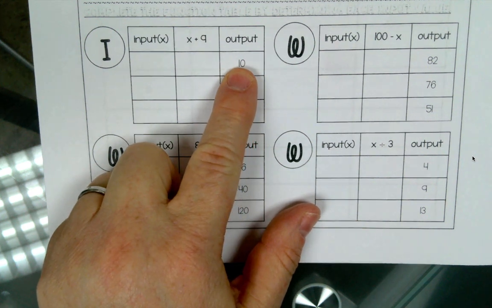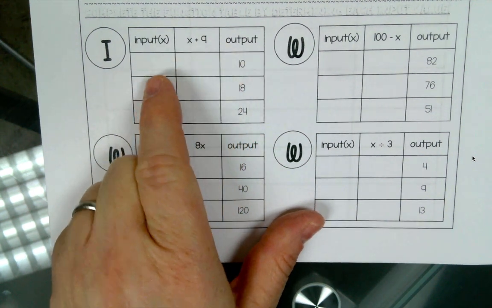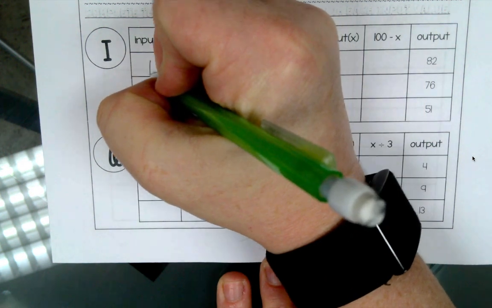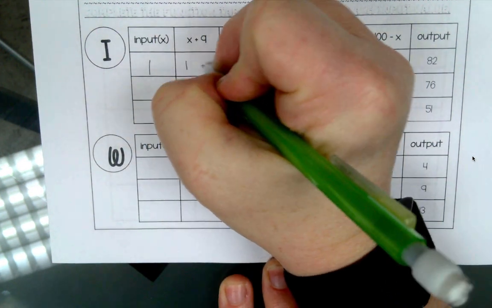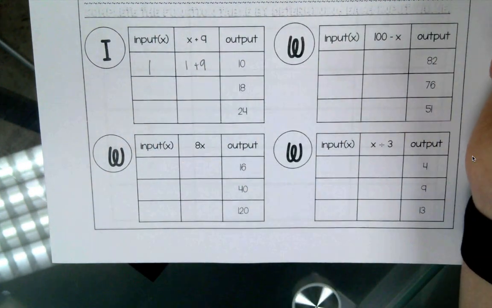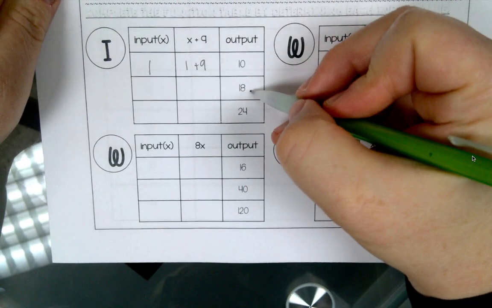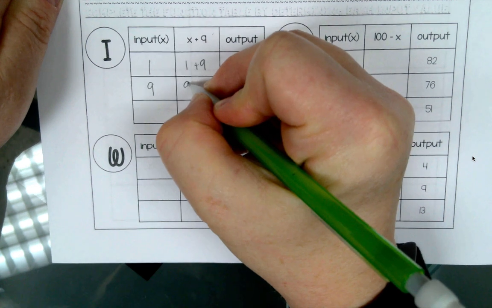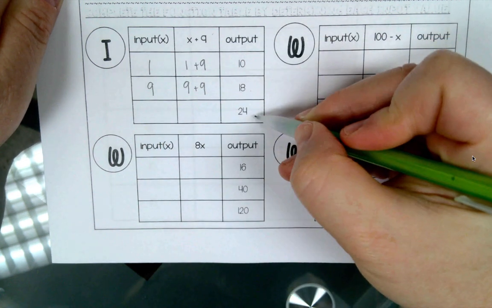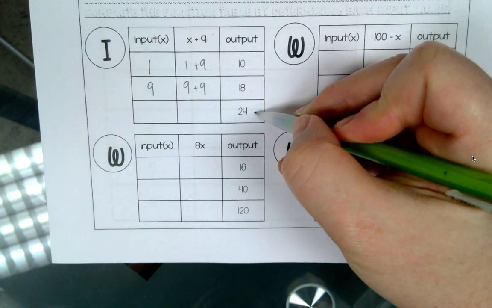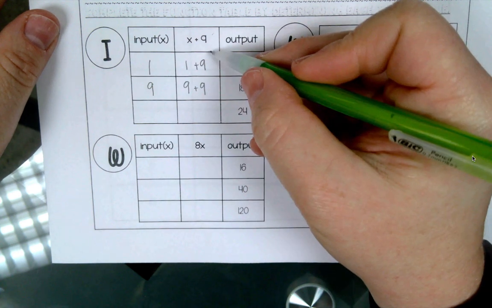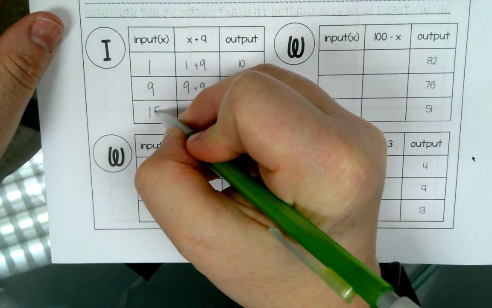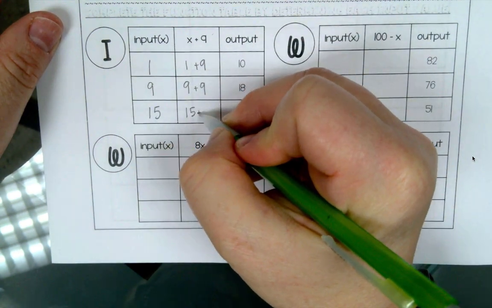So 10 minus 9 is 1. So then I can come back over here now and put 1 plus 9. So the inverse. So 18 minus 9 is 9. So 9 plus 9. 24 minus 9 is 15. So then I have 15 plus 9. Okay?